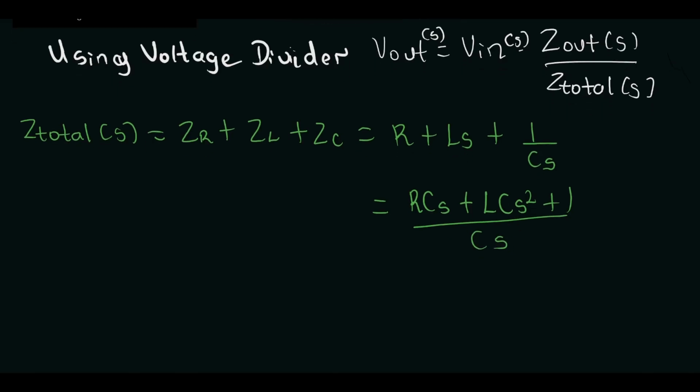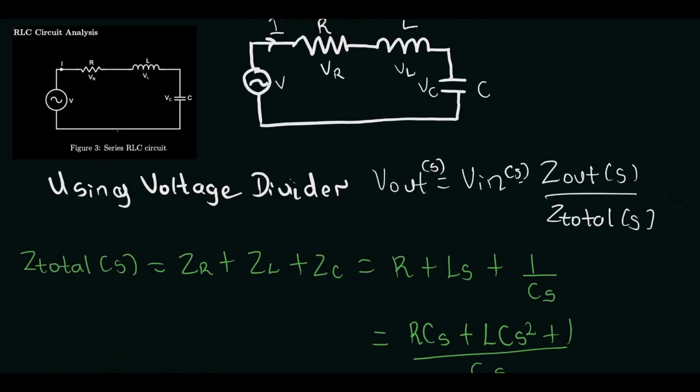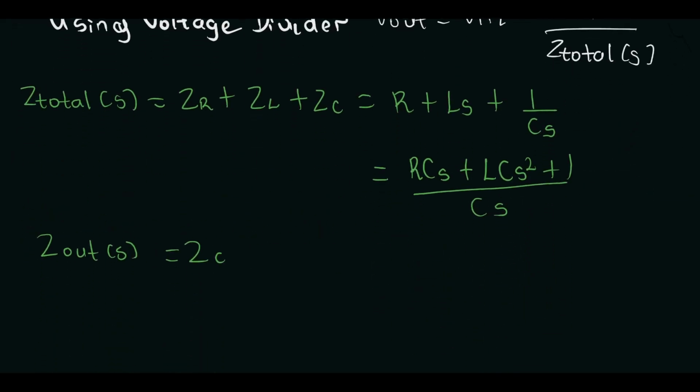Now Z out will be the impedance of your capacitor, that's ZC. That's 1 over CS.